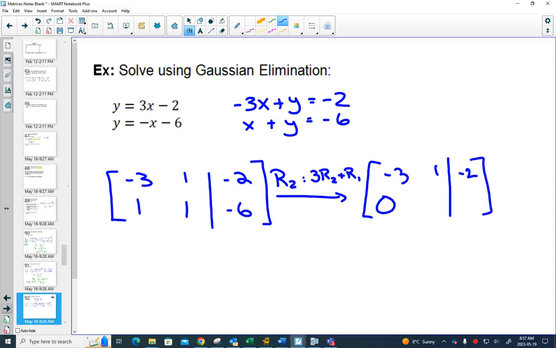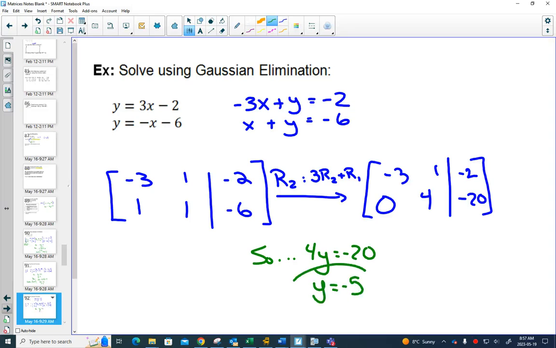Times this one by 3 gives me 3 plus 1, 4. Negative 18 plus negative 2, negative 20. Look at this strategy this time so I don't screw up. I circled the y.